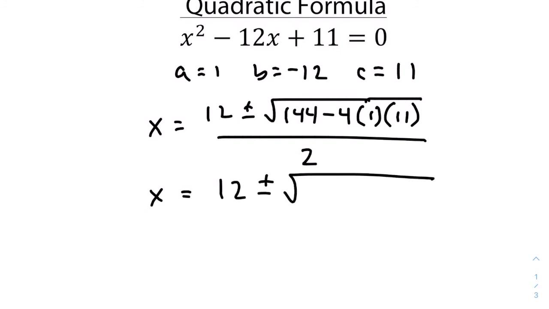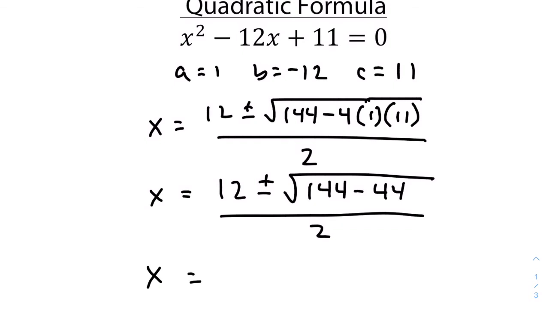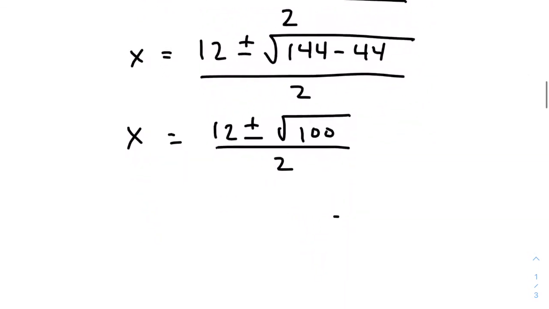Okay, 144 minus 4 times 1 times 11. Well, there's only one negative there, so we actually are going to be subtracting from 144. So we're going to be subtracting 44 from 144. Okay, so when we do that, we end up with 12 plus or minus the square root of 100 over 2. Well, the square root of 100 is nice and neat. That's 10. So we have x equals 12 plus or minus 10 over 2.